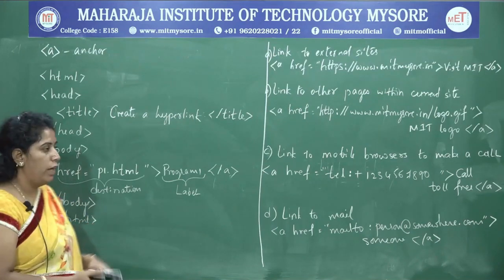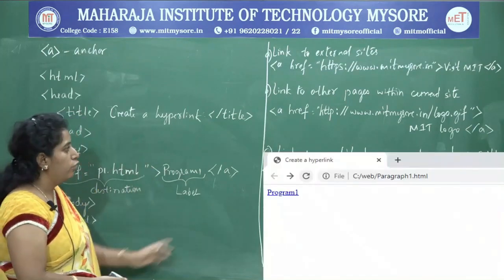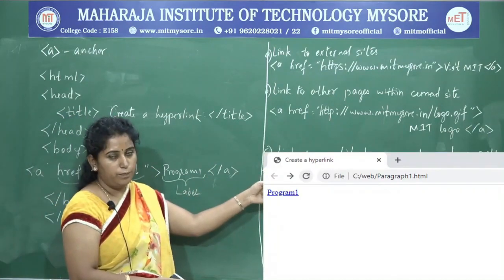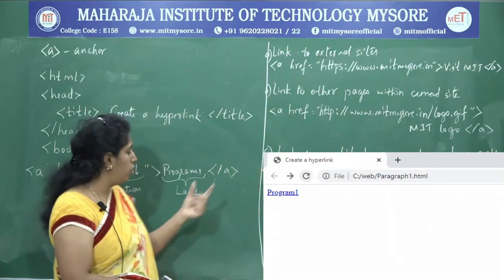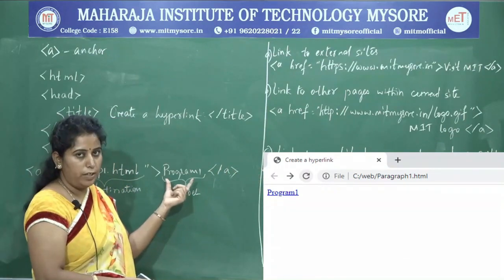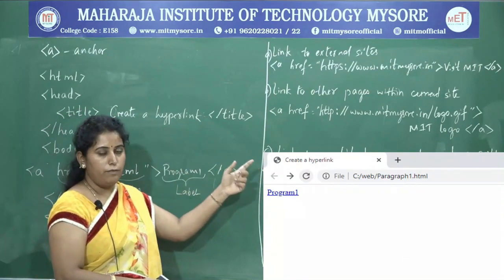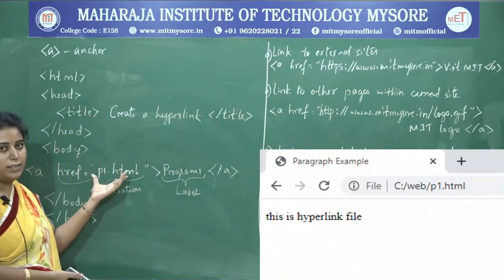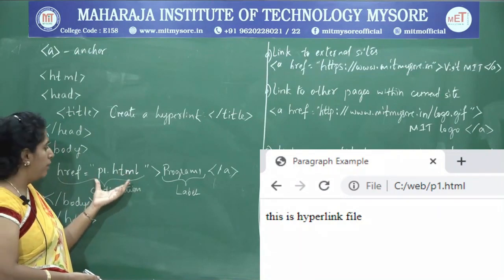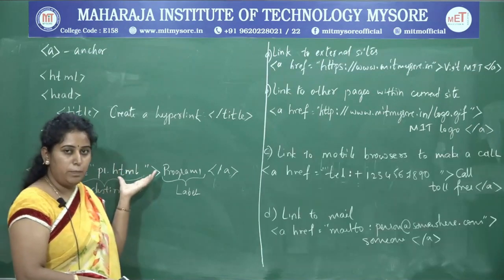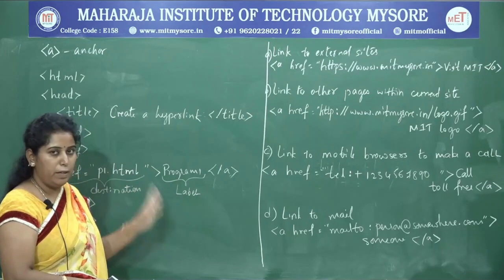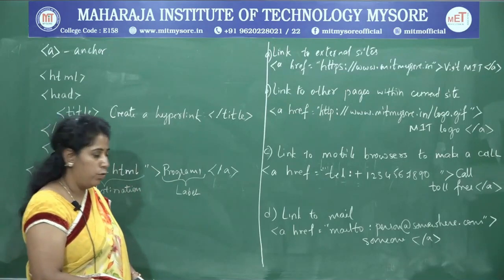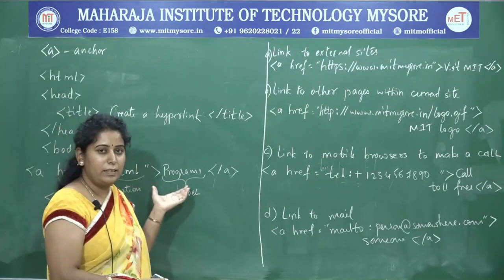Finally, once you run this program, you can look into the output in this way. You can notice, right? What was the label name given? Program 1. Once I click on that, it redirects to the document where this exists. If this file is present in the folder where I am working with this program, it is easily accessible.